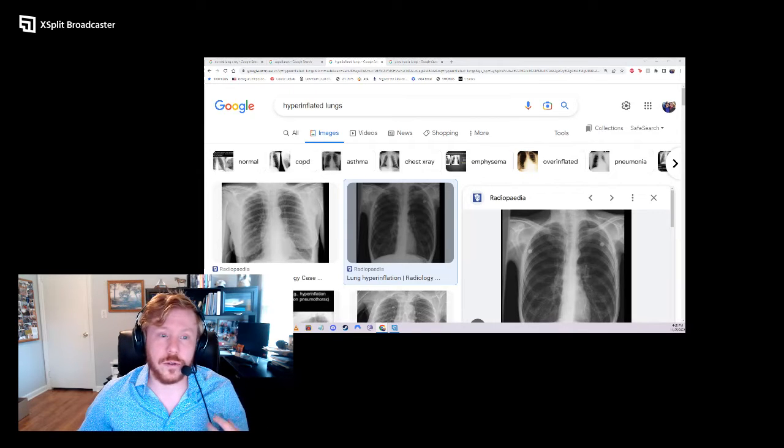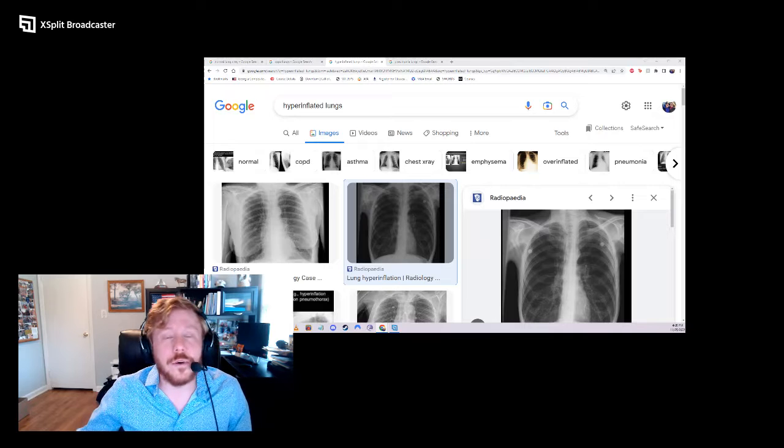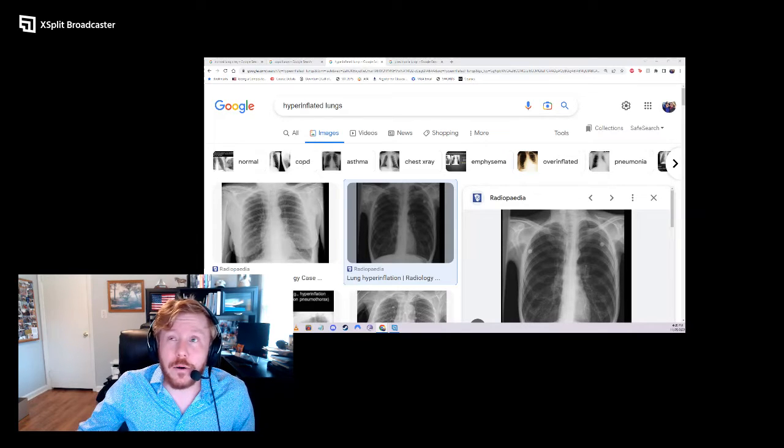It's called a forced expiratory volume. Most healthy people, if you really try, can exhale about 80 to 95% of your air in 1 second.